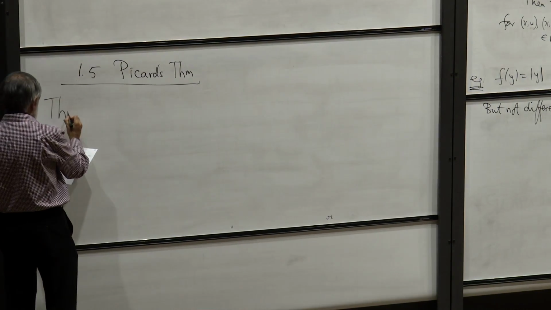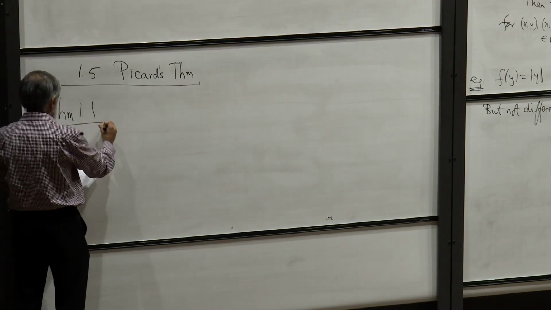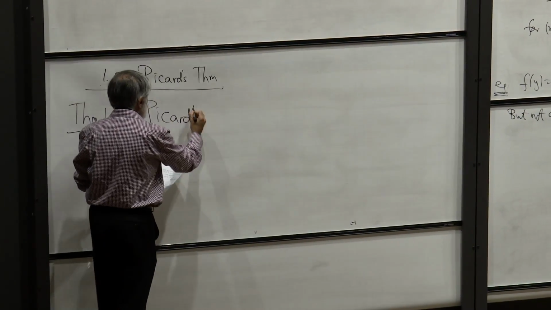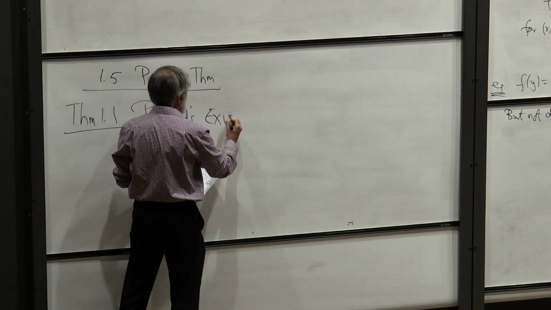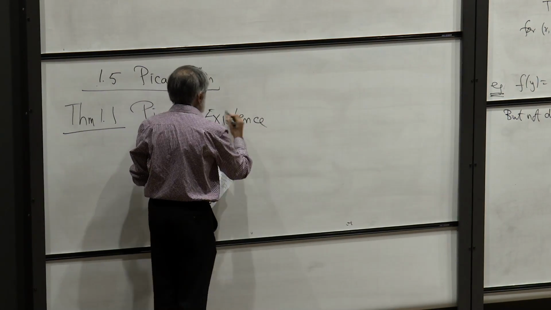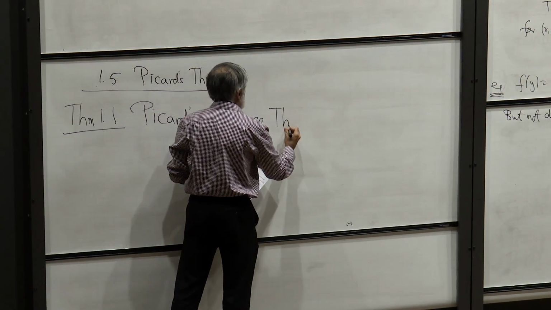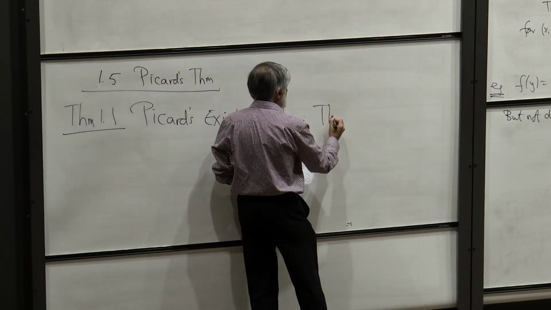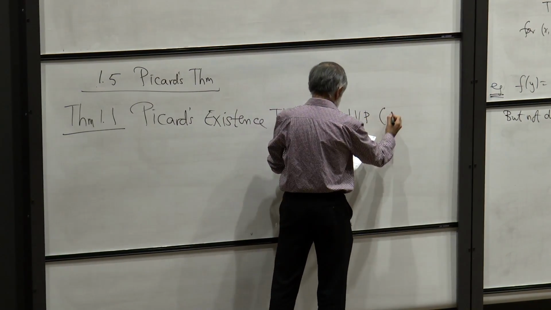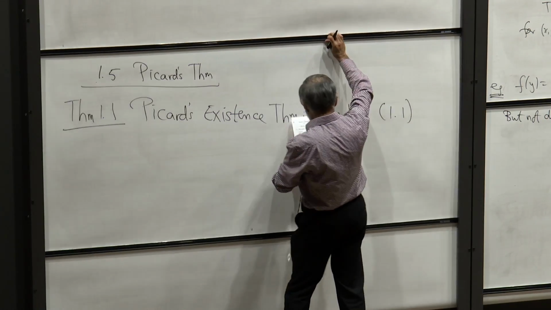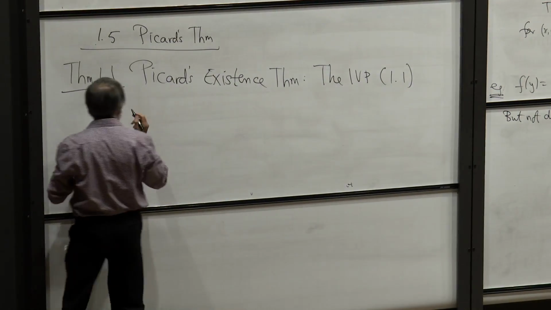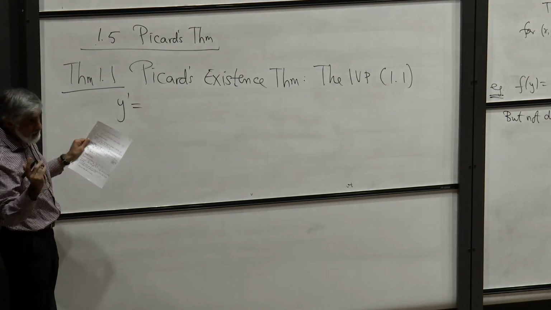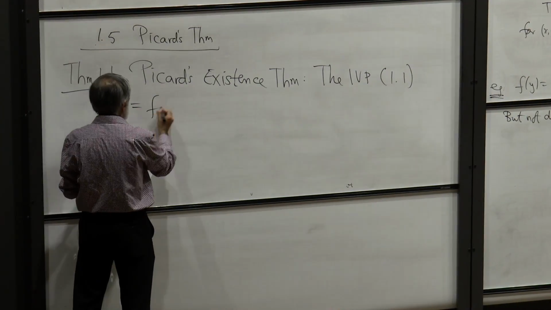Okay, so Theorem 1.1, Picard's theorem, sometimes called Picard's existence theorem. So the initial value problem 1.1, let's just write it down again. I'll go between using y dashed and dy by dx. It's all the same thing.